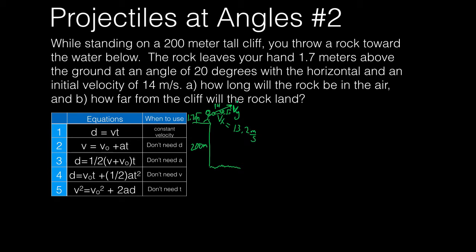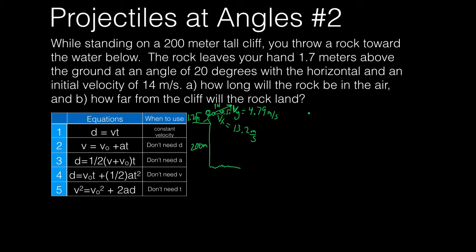And v sub y will be equal to 14 times the sine of 20, which is 4.79 meters per second.